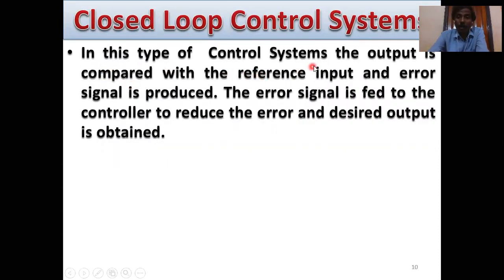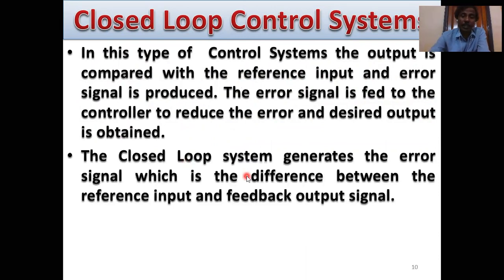In this type of control system, the output is compared with the reference input, and an error signal is produced. The error signal is fed to the controller to reduce the error, and the desired output is obtained. So this is a very important point.